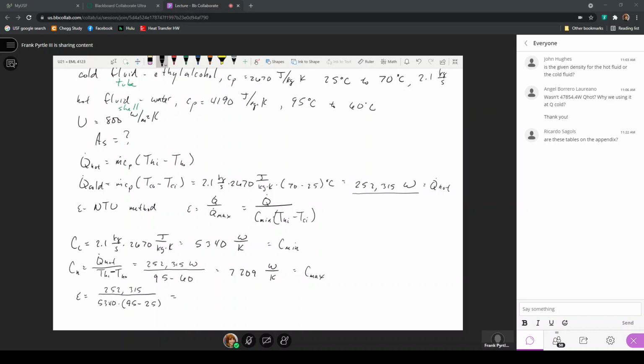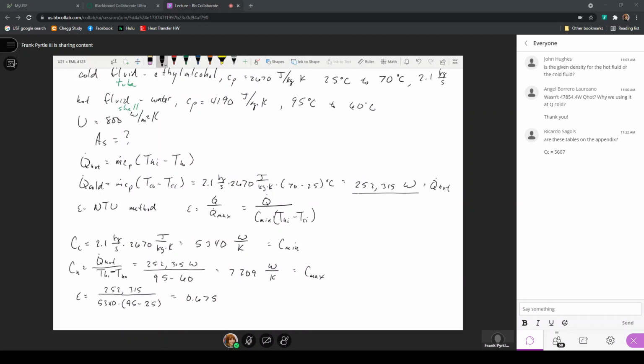So here we can find the effectiveness of this heat exchanger for the effectiveness-NTU method. This is 252,315 divided by 5,340 times 95 minus 25. And this value is 0.675, the effectiveness of the heat exchanger.